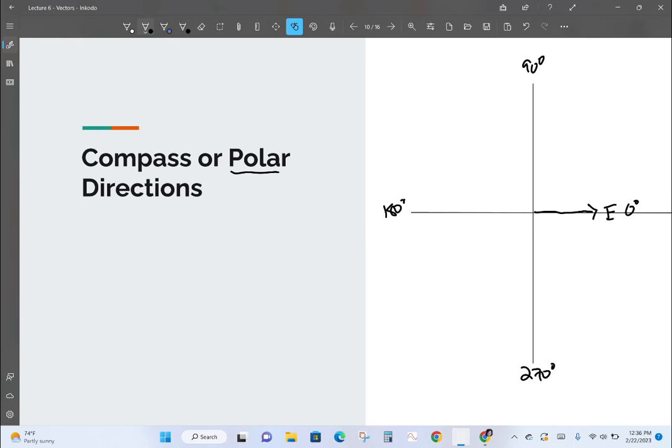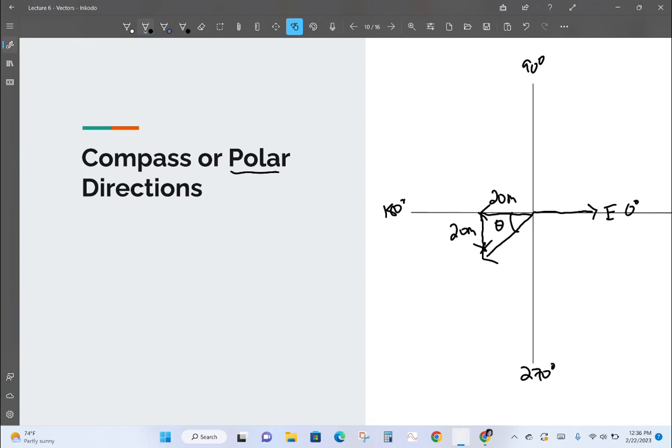Let's say that we are traveling. I'm just going to make some, let's say this is 20 meters and this is 20 meters. Okay. And let's say that I find this angle here.